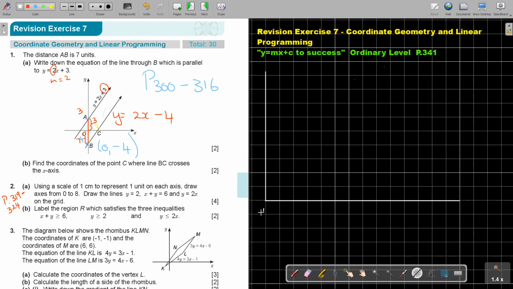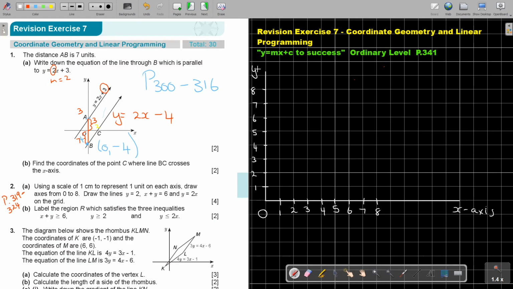And then it's 0, and it's 1, 2, 3, 4, 5, 6, 7, 8. And this, they said x-axis. Okay, and this is 1, 2, 3, 4, 5, 6, 7, 8. And this is my y-axis.